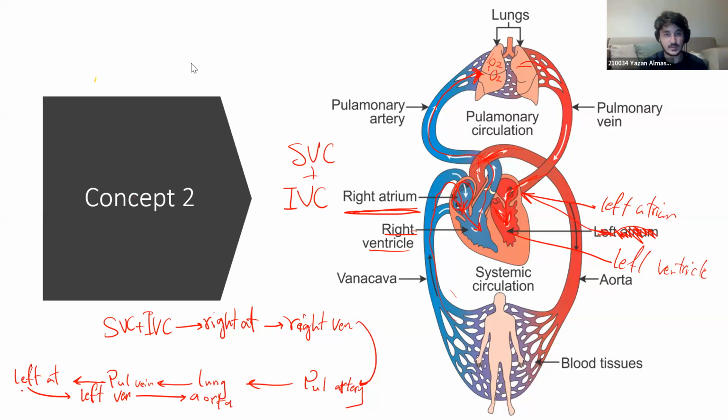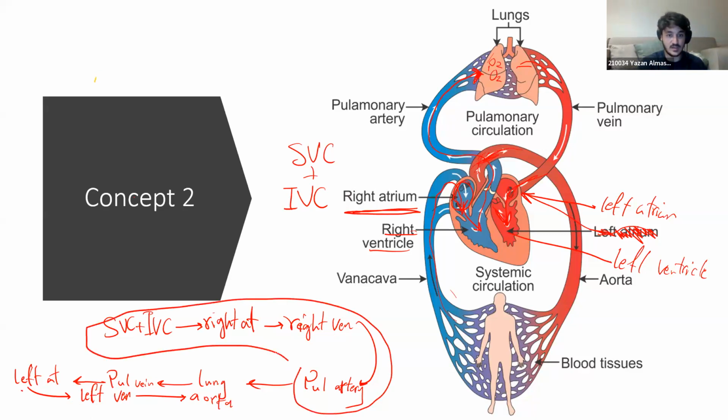Yes. So the oxygenated blood, this is the oxygenated blood, right? No. So this part of the process is deoxygenated, and this part of the process is oxygenated.